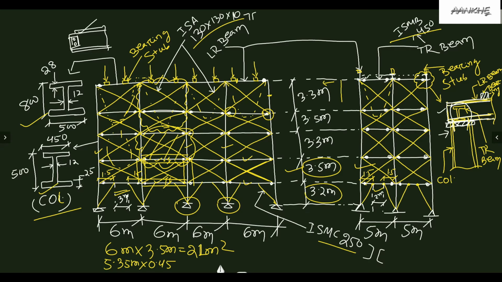Okay, next comes your column. Your column size is 450 in this direction. So since we are taking half column, half here and half here, let us take one full column. Similarly, we have taken one full beam here.